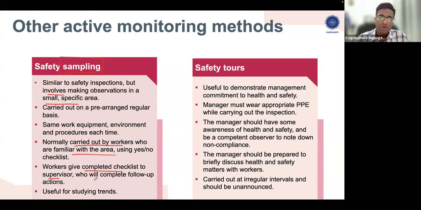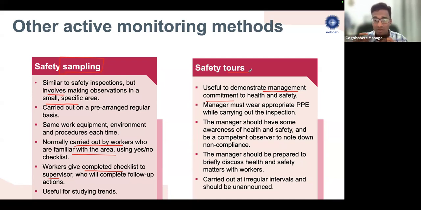And then safety tour, used to demonstrate management commitment to health and safety. Now, tour generally refers to a group of people. Here, the group is the managers of the area, the person responsible for health and safety or a worker representative, and also senior management. So they go on a safety tour.